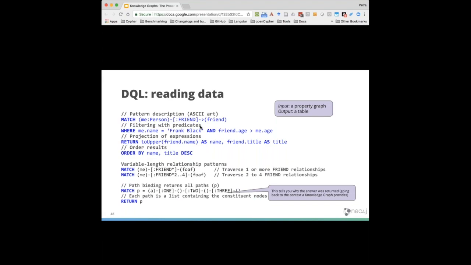It will traverse for as many friend relationship types as there are in the graph. So assuming the node me starts at somebody called Dan, it will then go to his friend, his friend's friend, his friend's friend's friend, etc., until all the nodes related in that way have been returned. And that's essentially transitive closure.